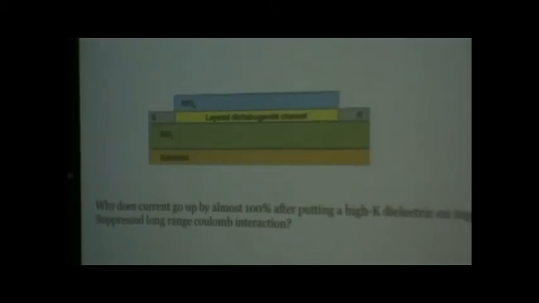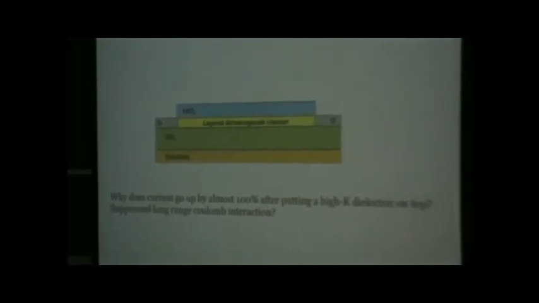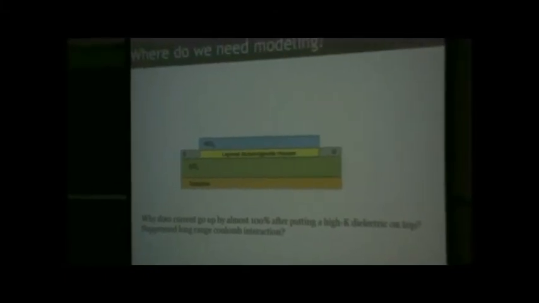And now you see that as a computational person, I have a problem, because my NEGF simulator cannot do long-range Coulomb interaction. So yes, I have this big simulator, but I cannot solve the problem that my other student is doing in experiment. So this is a real problem that we have.